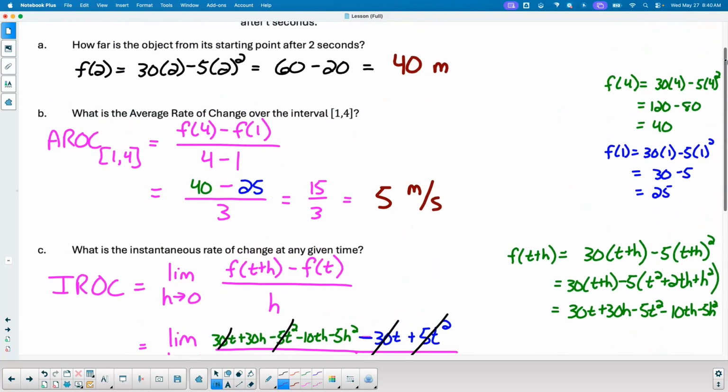At 2 seconds, it was 40 meters away, that's before it stops. And then at 4 seconds, it's 40 meters away again. That's after it stopped. So it went out, stopped, and now it's coming back. Love it.